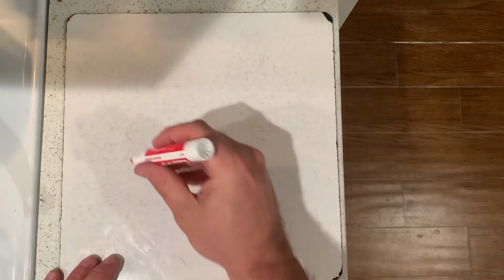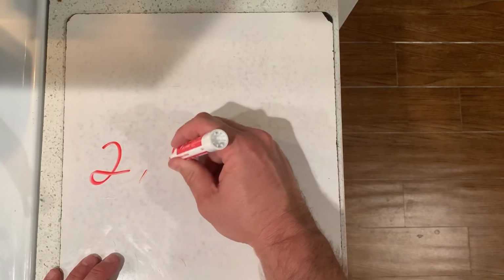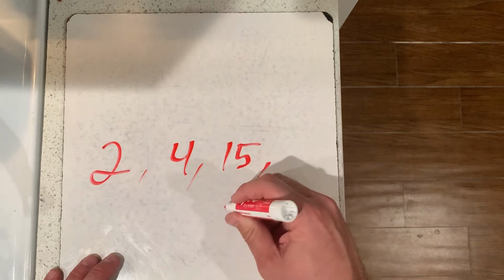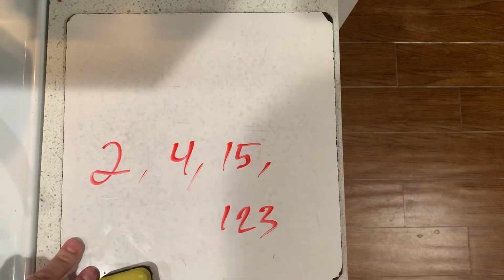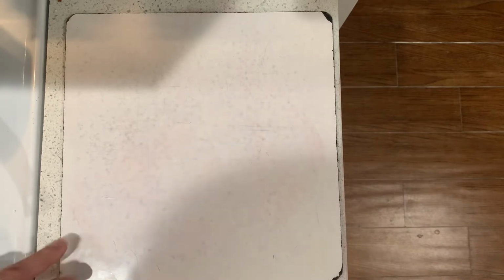A whole number is just any number, right? 2, 4, 15, 123. So we agree all those are whole numbers. So we are multiplying fractions by whole numbers and vice versa, okay?